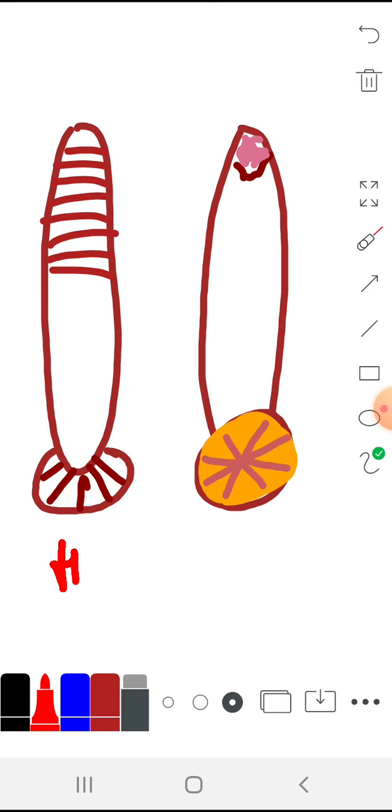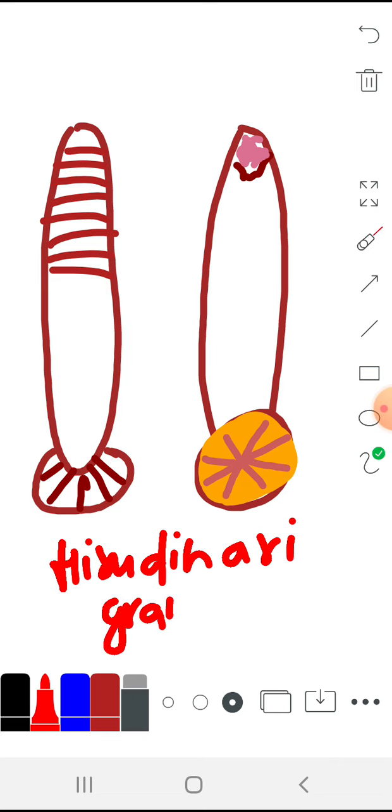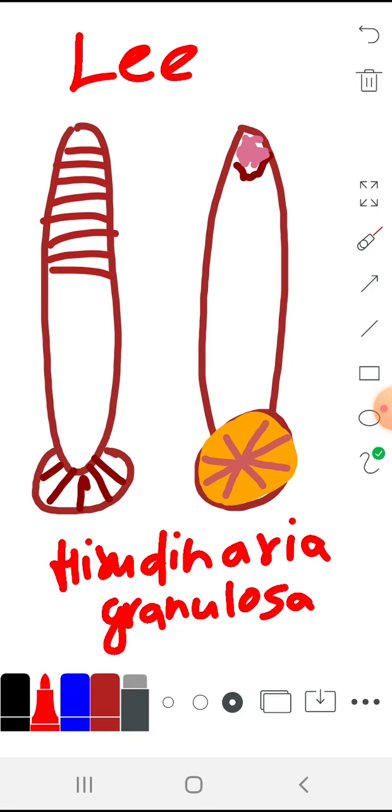Hirudinaria granulosa, which is also called leech. Simply, it's a blood sucking animal.